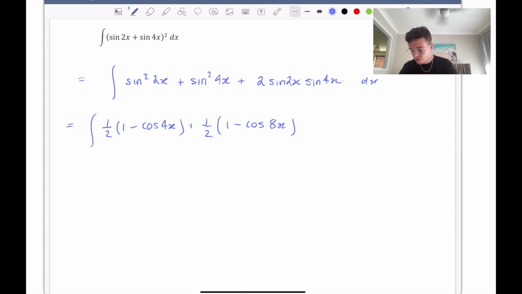In the last bit, we're thinking our product to sum identity. So the product to sum identity, if you've got two sines, tells us that this is going to be plus. If you've got a 2 here, it's going to be cos of 4x minus 2x. I think it might be better to write the larger one first because that will fit with the identity if a is bigger.